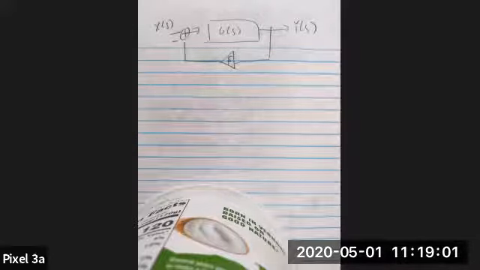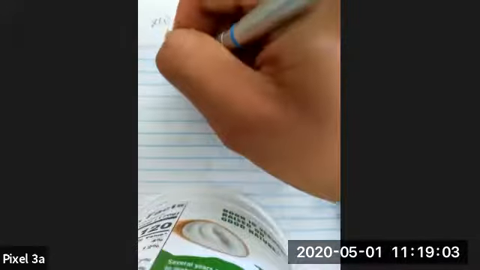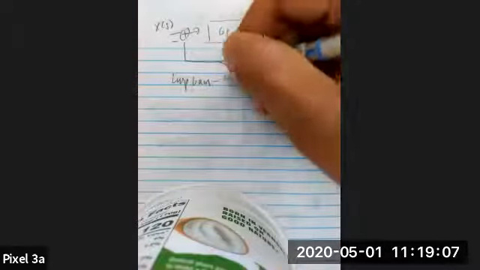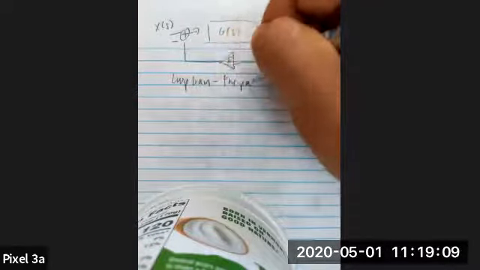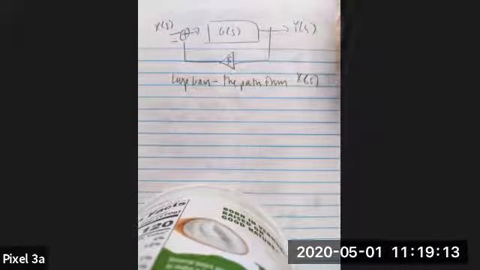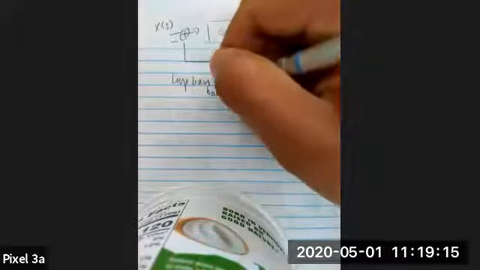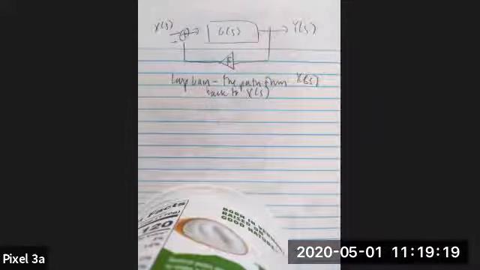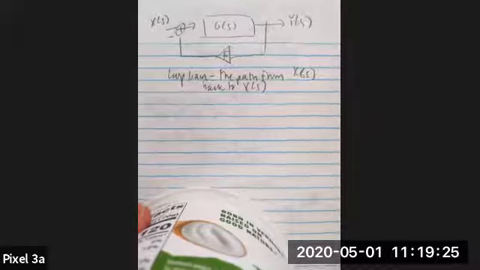So what we'll define as the loop gain is the path from x of s back to x of s, through the feedback.